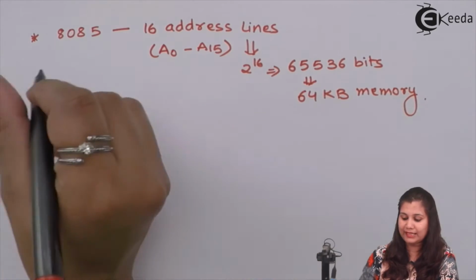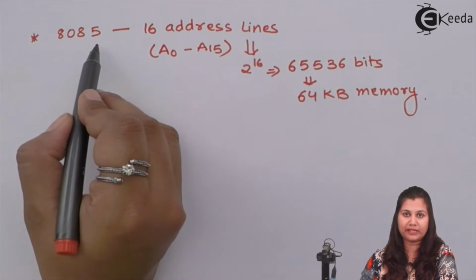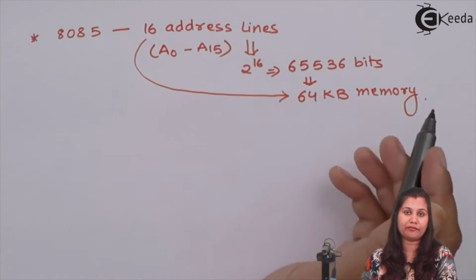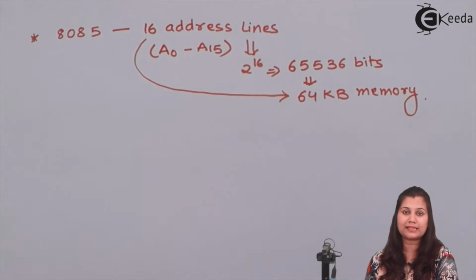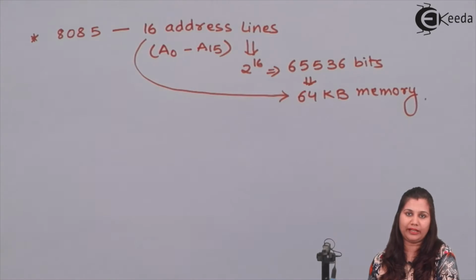So these 16 address lines of the 8085 microprocessor can address 64 kilobytes of memory. It is the maximum limit of the addressing power of the 8085, because it has 16 address lines.